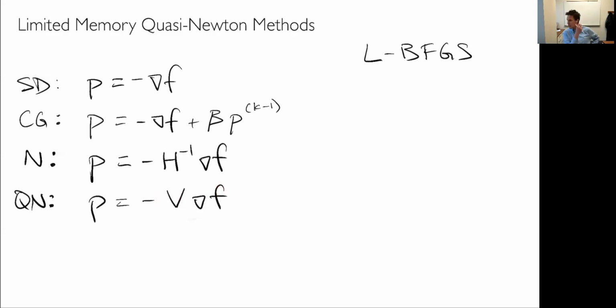Now that alone doesn't actually help, because now we're storing this huge history of vectors. So the approximation that we're going to make, and this is again an approximation, but a very good one, is that we don't need a full history, in part because my Hessian 20 iterations ago probably doesn't have much relationship to my Hessian now. I'm pretty far away.